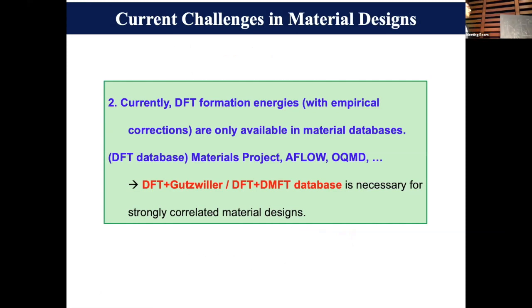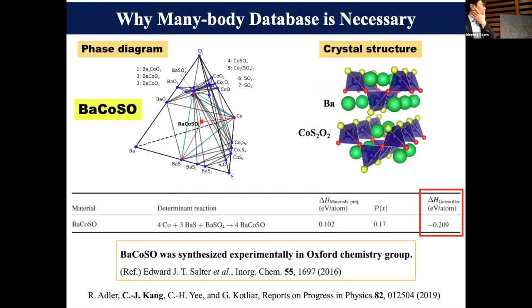Okay, the second issue in the global stability is that currently the DFT formation energies are only available in the materials database. So in order to do reliable material design for strongly correlated electron systems, the Gutzwiller or DMFT database is necessary. BaCoSO is a good example.